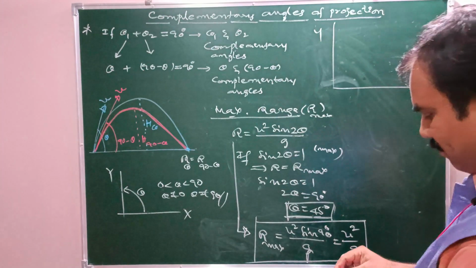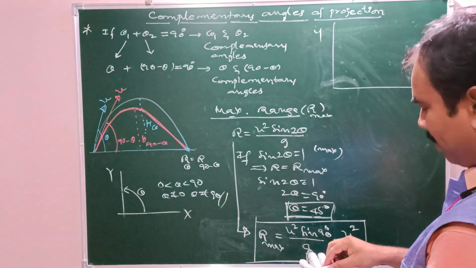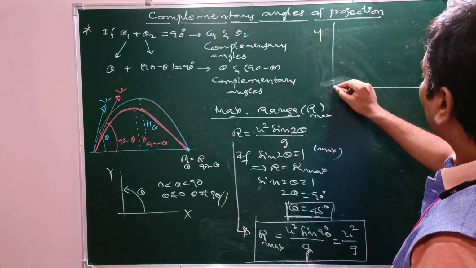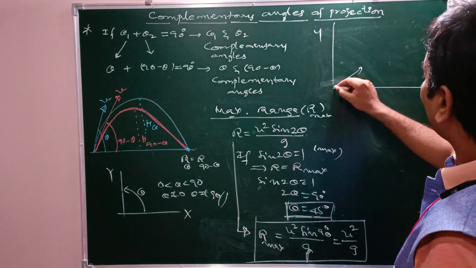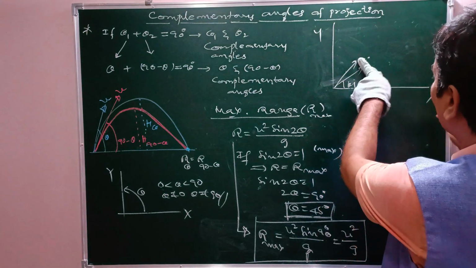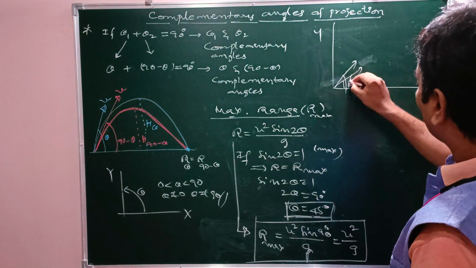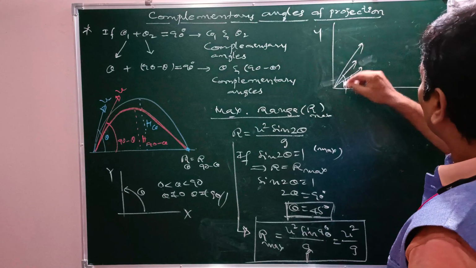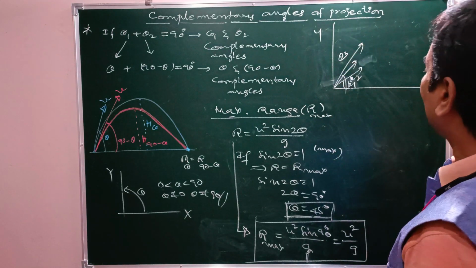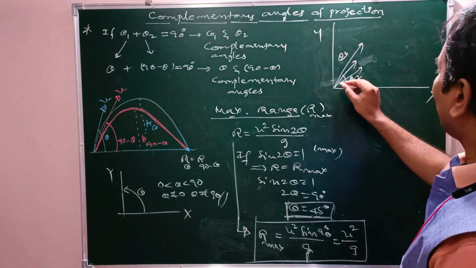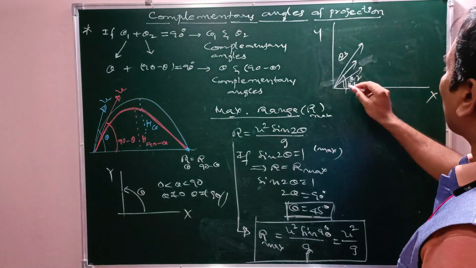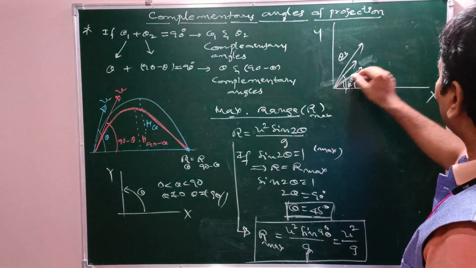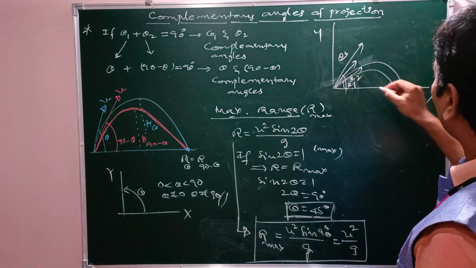I am projecting like that. See, theta 1, theta 2, theta 3, like that. So the body takes parabolic paths individually.